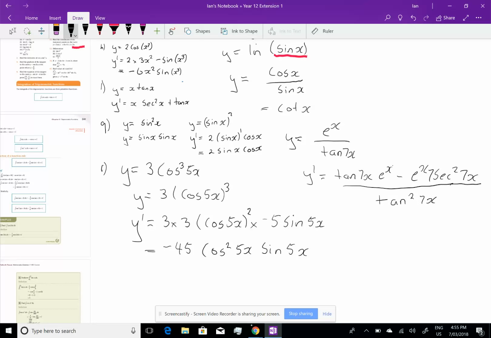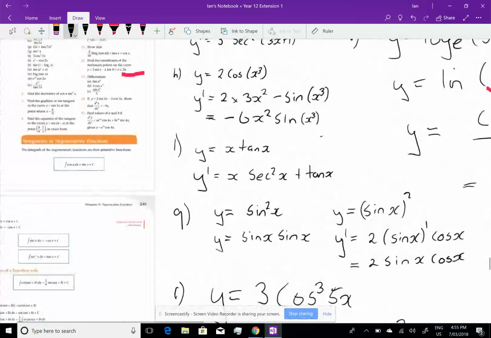She factorises the e to the x out. You can do that and you get e to the x outside of tan 7x minus 7 sec squared 7x, all over tan squared 7x, but I don't suppose it's going to make much of a difference.